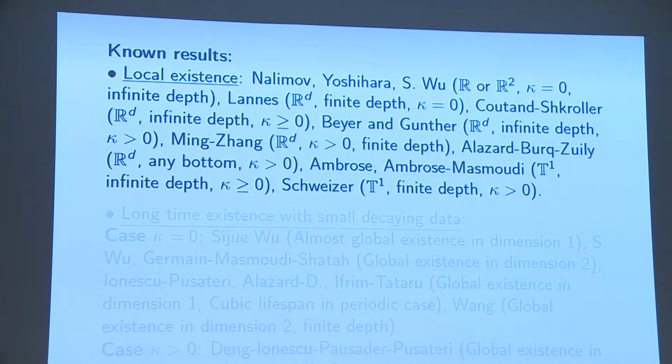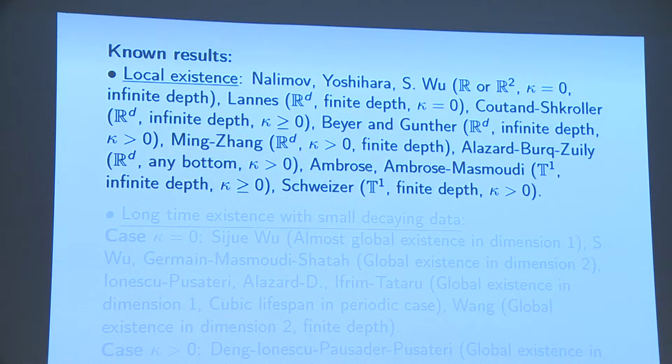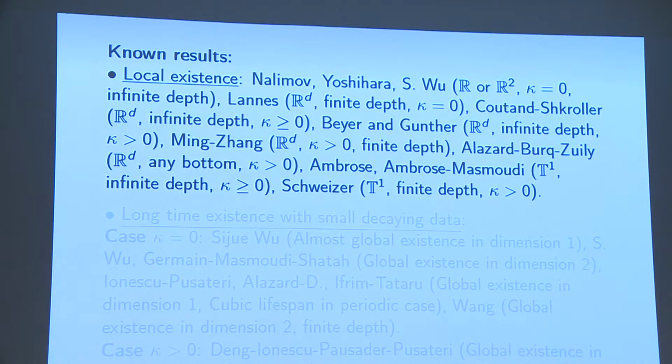I will just say that concerning local existence theory for the preceding system with smooth enough data, the most basic work was due to Sijue Wu, who proved that when x belongs to R or R2 instead of T1, when kappa, the surface tension, is 0, and when the fluid has infinite depth, local solutions exist over some time interval.